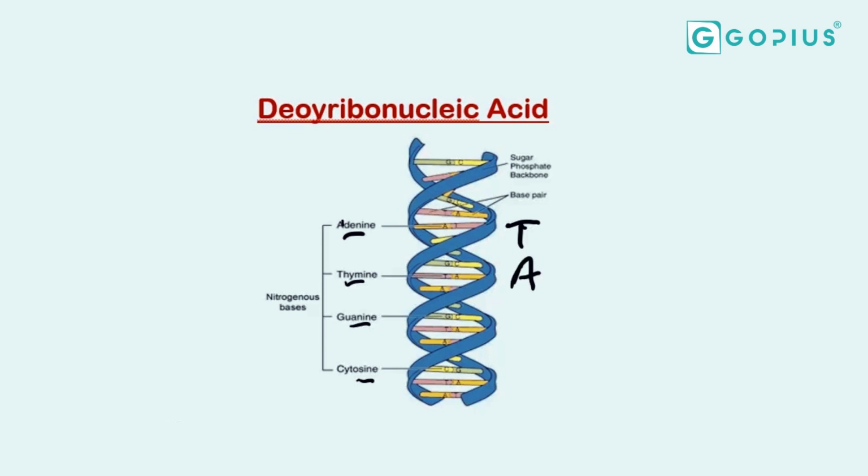Guanine has attraction for cytosine, and cytosine has attraction for guanine. They are all held together by bonds known as hydrogen bonds. Not only that, the DNA also comprises deoxyribose sugar and phosphates. That is what it comprises of.